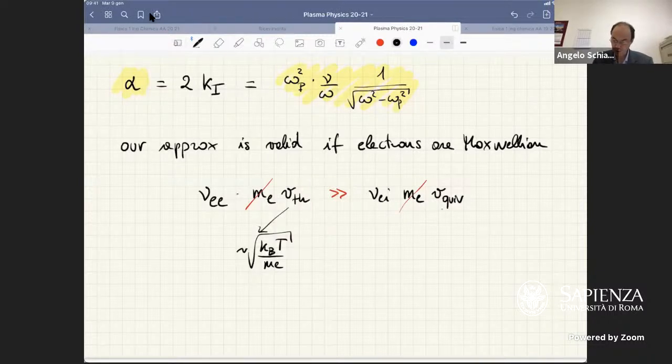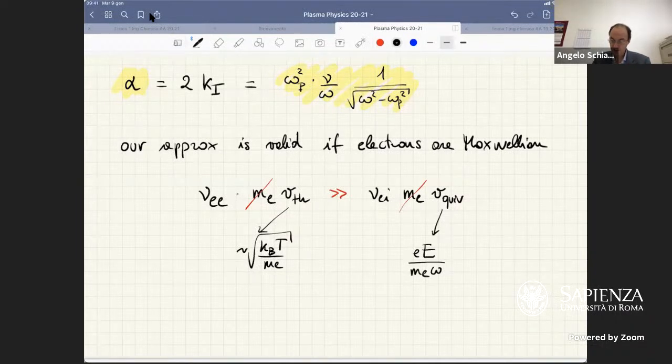The equivalent velocity that we obtained at the beginning of this electromagnetic waves lecture is proportional to E, the intensity of the Coulomb force, and inversely proportional to the mass of the electrons, the inertia, and the angular frequency of the wave.